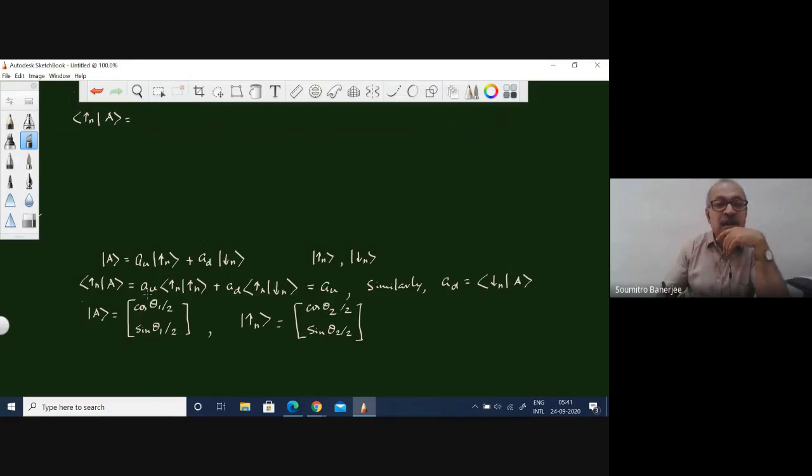So we have to turn this into a bra. So it will be cos theta 2 by 2 and sine theta 2 by 2, a bra, a row vector, and cos theta 1 by 2, sine theta 1 by 2. I have to conserve space.